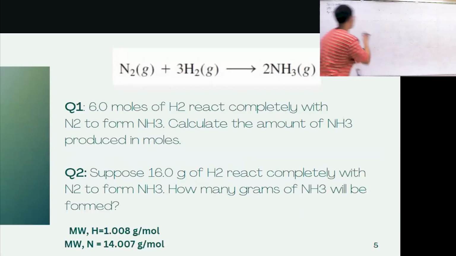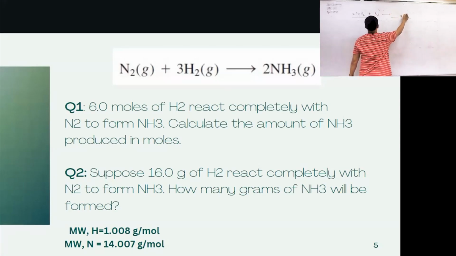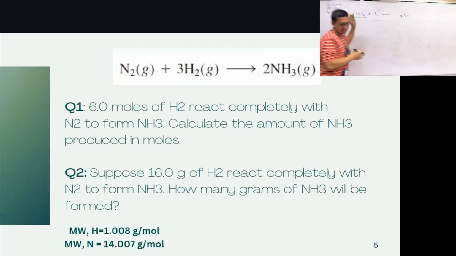So yeah, okay. So 16 grams of your hydrogen gas. So, ang sabi po nito, you have 16 grams of your hydrogen gas, it would react to a certain amount of your nitrogen gas. Ang sabi sa question, how many grams would you produce of ammonia gas? So, ganun siya.